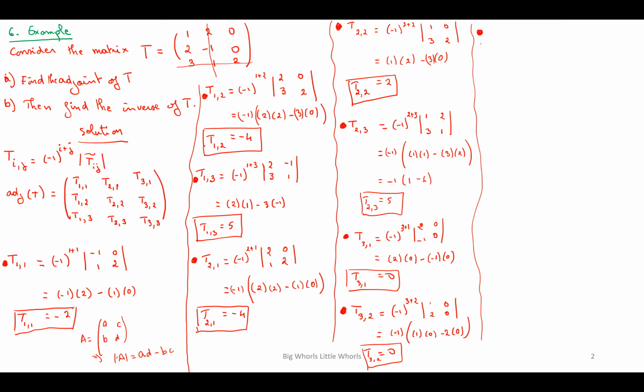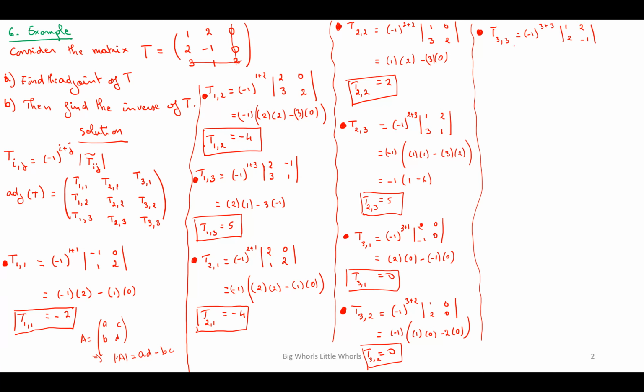And finally, let's find T33, which is equal to minus 1 to the power of 3 plus 3 multiplied by our minor. Okay, we delete the third row and the third column. We will be left with 1, 2, and 2, minus 1.